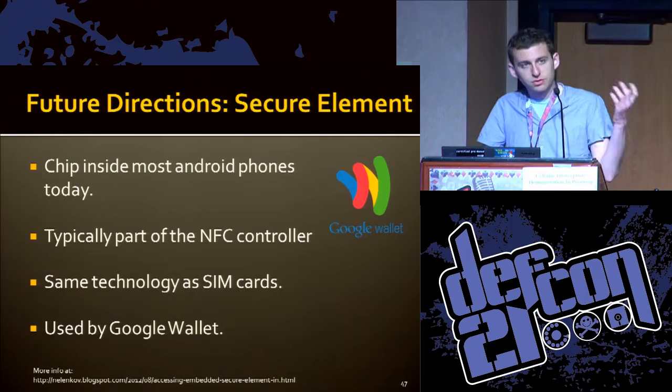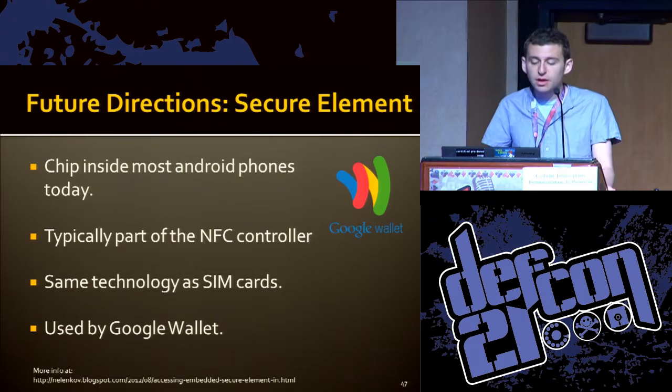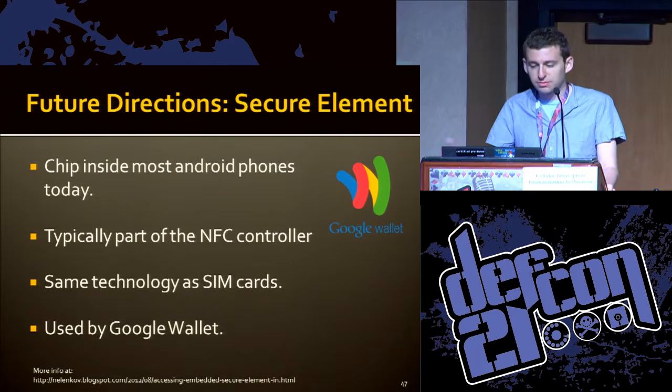So all the same things we've talked about with how to write apps and how to interact with them is the same for this thing in your phone. So if you have one of these, you now have two little computers in your pocket that you may not control. This is used by the ISIS competitor, Google Wallet, and that's how it does the secure credit card emulation.